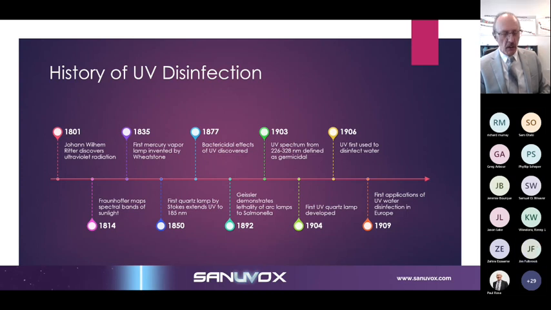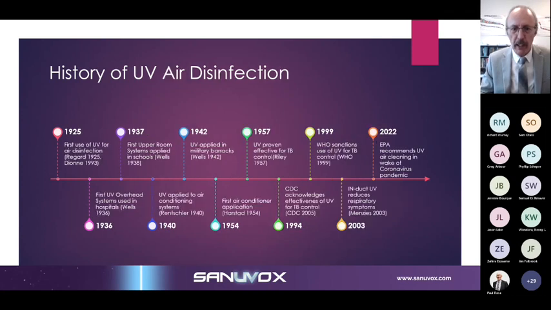And the first large-scale application for water disinfection was in 1909. The water industry has had over 100 years of successful application of UV disinfection. But from here on out, we're going to be looking at UV air disinfection and surface disinfection.